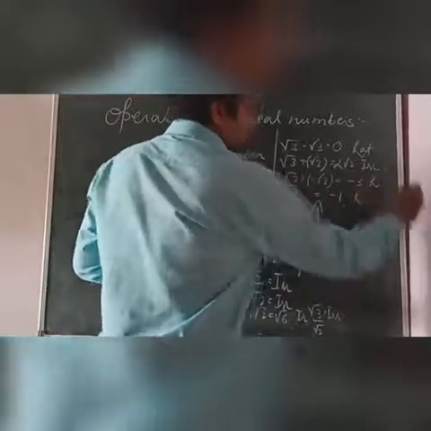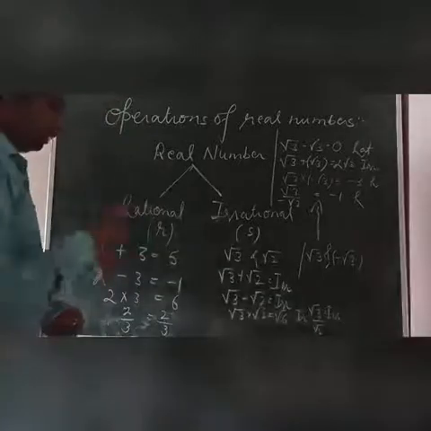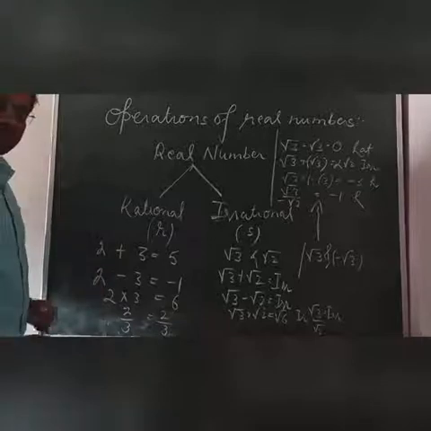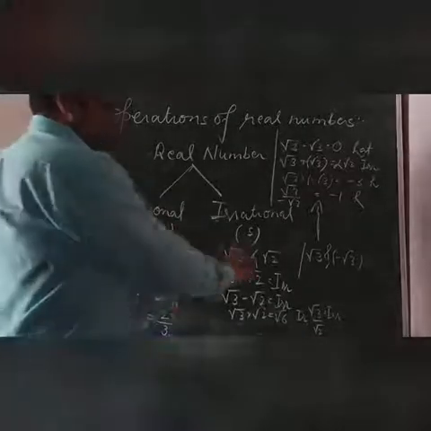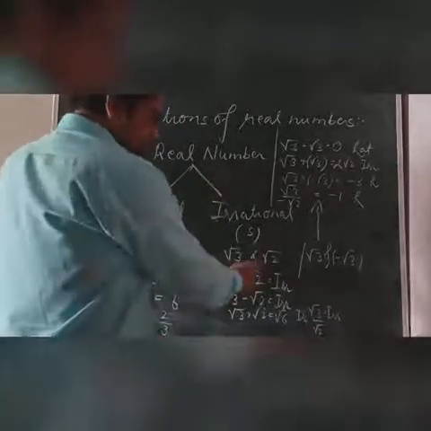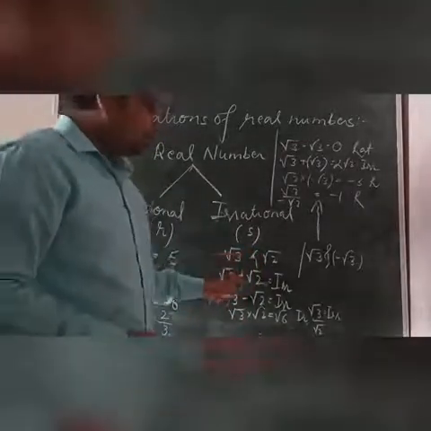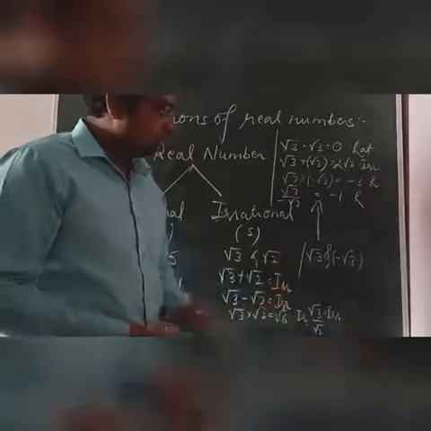It is also rational. So, in all the conditions, you can see that if we are taking two rational numbers, then their addition, subtraction, multiplication, division, we are getting a rational number. But when we are taking two irrational numbers, in some conditions you get an irrational number, for the sum, subtraction, multiplication or division.